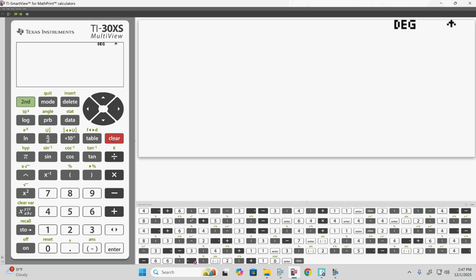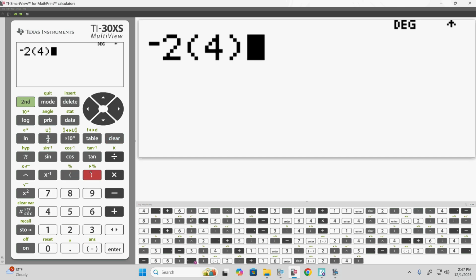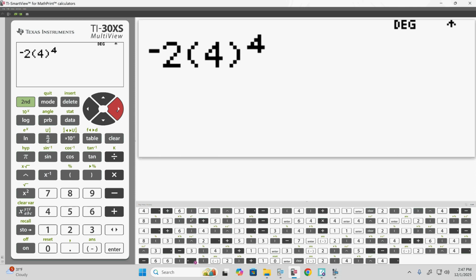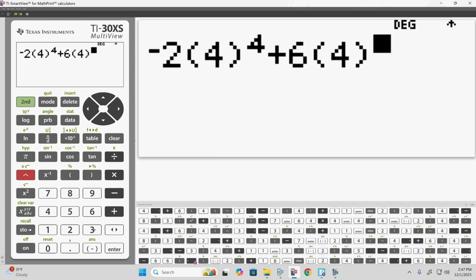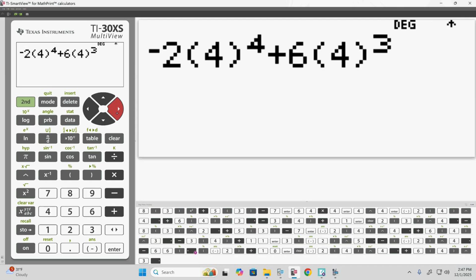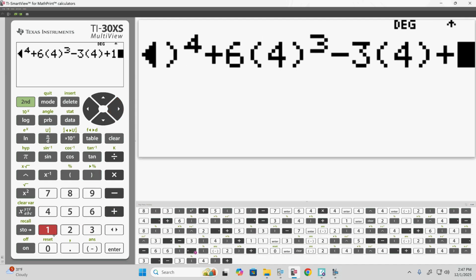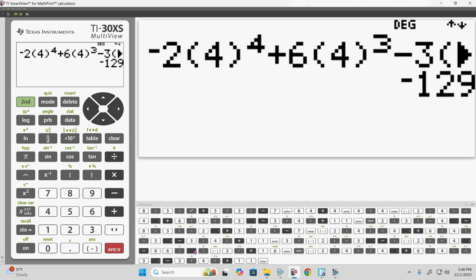At this point here, I just take the calculator. Negative 2 times 4 to the fourth plus 6 times 4 to the third minus 3 times 4 plus 11. And then it is negative 129.